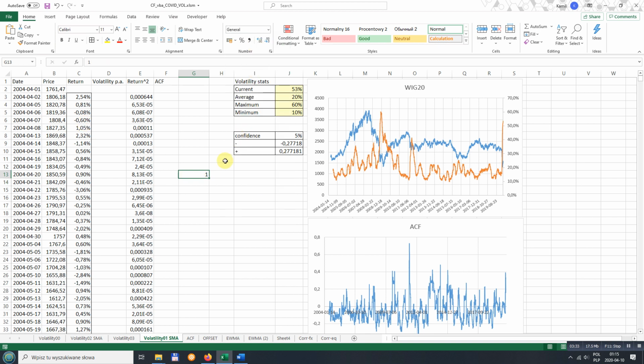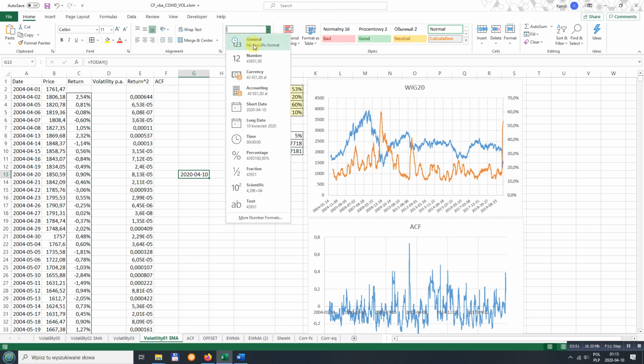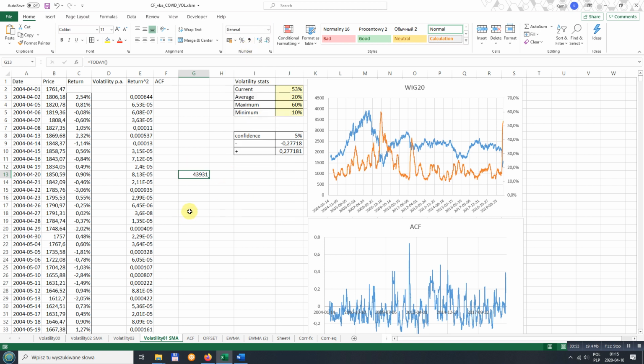And each subsequent day has an integer value higher than 1. So if, for example, today, right, it's 10th April, if you change the date format into general format, this is 43,931 days since the beginning of the 20th century.